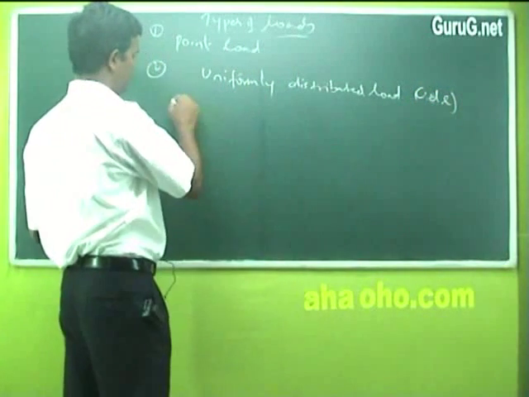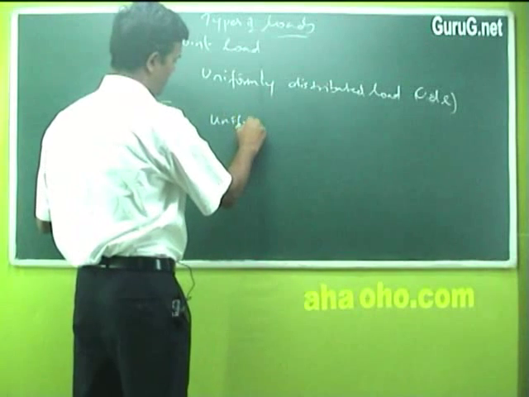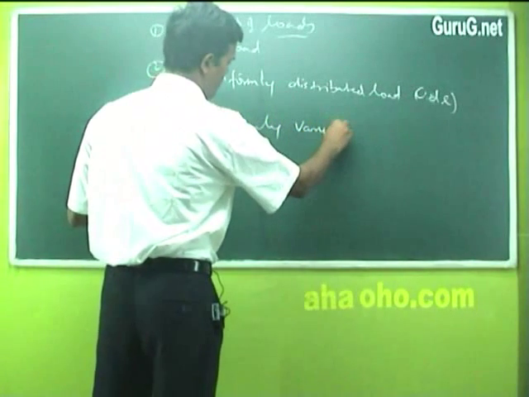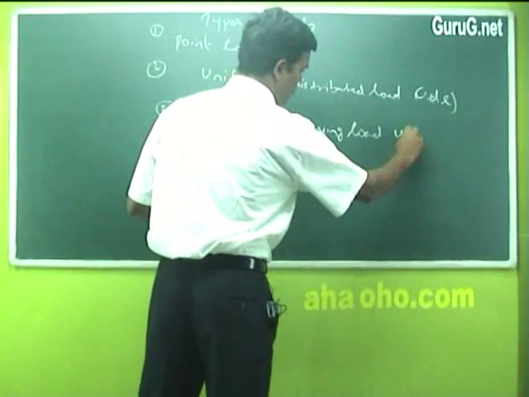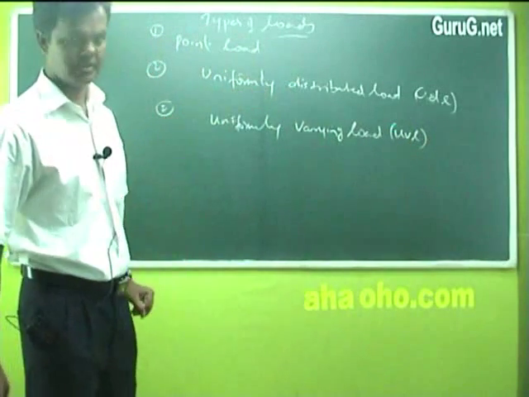And the third one is something called uniformly varying load, that's called UVL. There are 3 kinds of loads in basics.